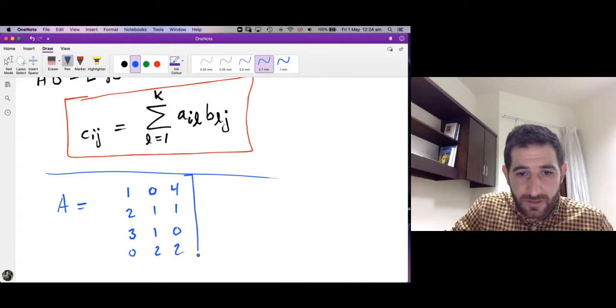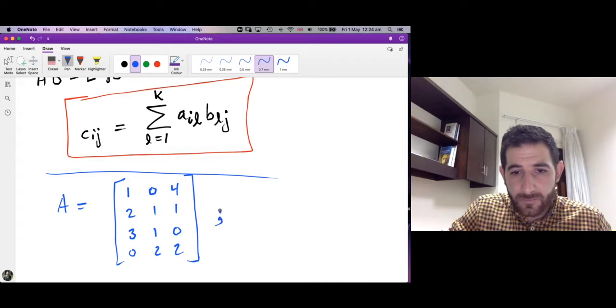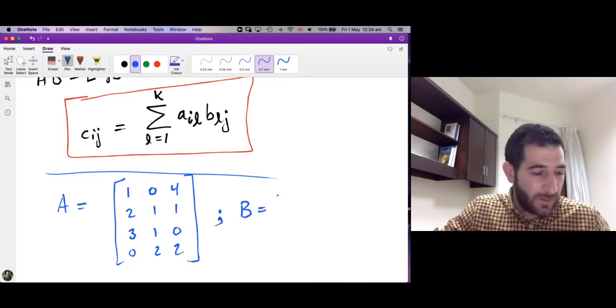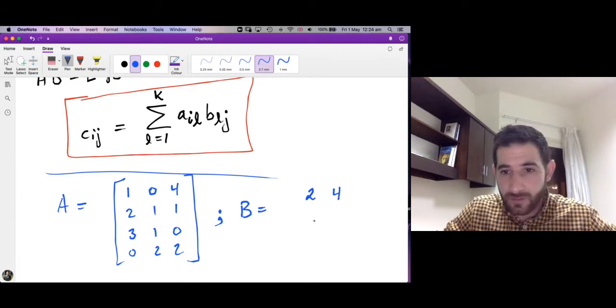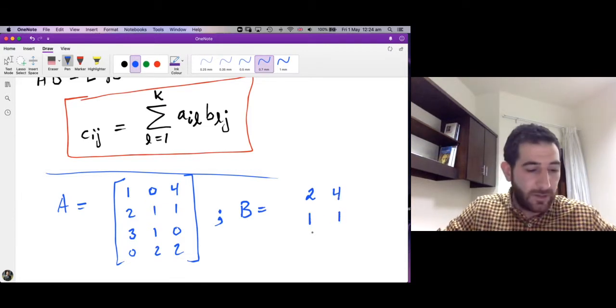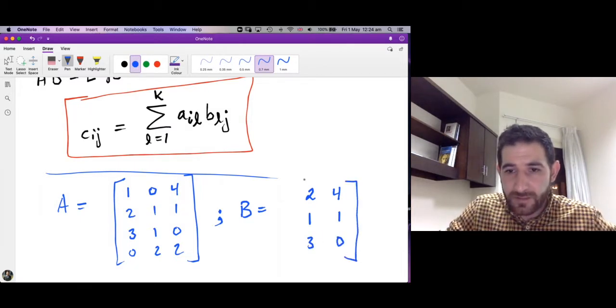Okay, so this is the matrix A, and now we have another matrix B, whose first row is 2, 4, and the second is 1, 1, and then the third is 3, 0. So here is the matrix B.